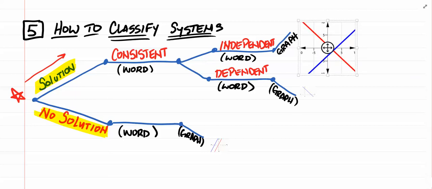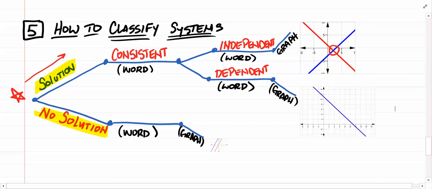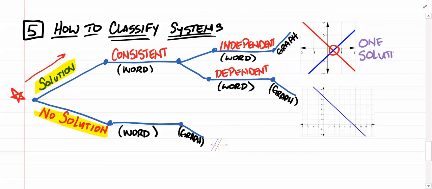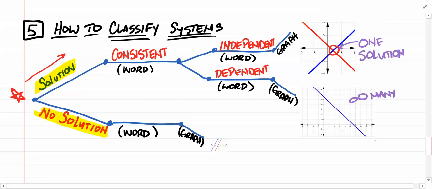It is a spot where the graphs meet exactly one time. The graph for dependent looks like this. It is when two equations represent the same line. Here you can clearly see that there is only one solution, and that one solution is the ordered pair point. In this graph, you can see that there are infinitely many solutions. That's because the two lines represent the same equation, and I'll show you an example of that in a second.